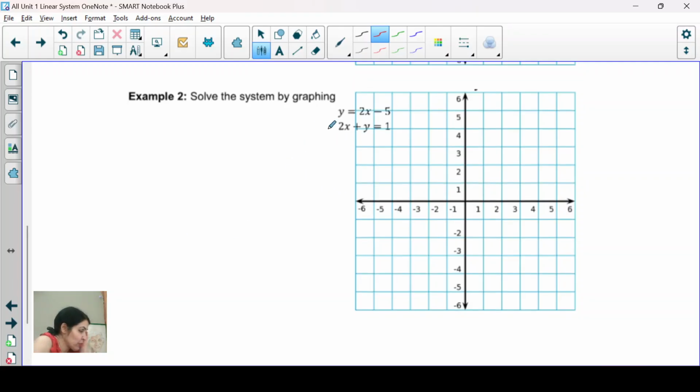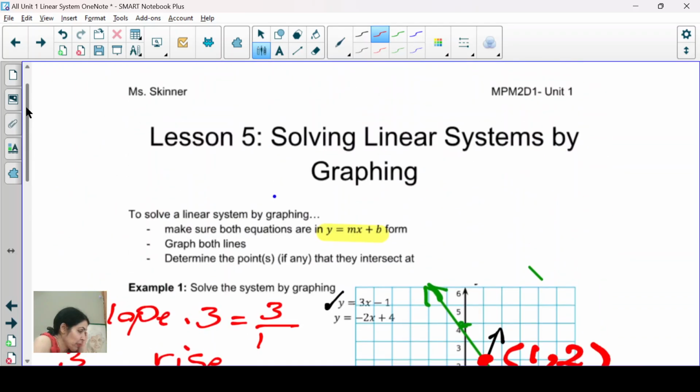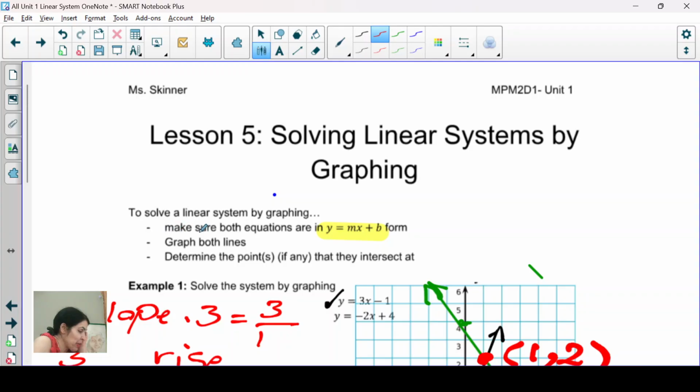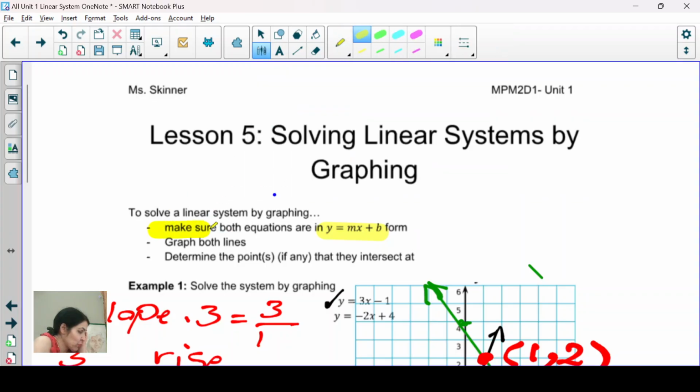For the next question, remember, make sure both equations are in y equals mx plus b form.